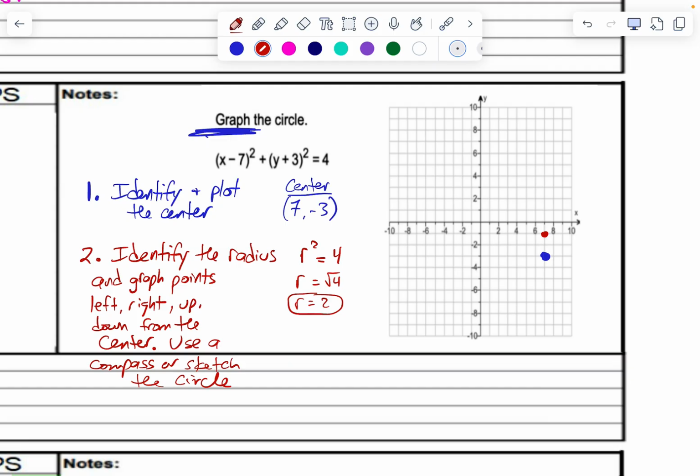A point at 9, -3. A point at 7, -5. And a point at 5, -3. And that kind of makes it look like it's going to be a square, but we can do our best to make it a circle, something like that.